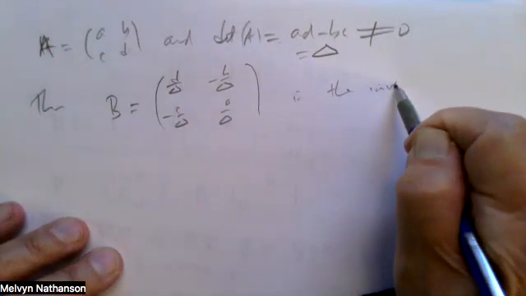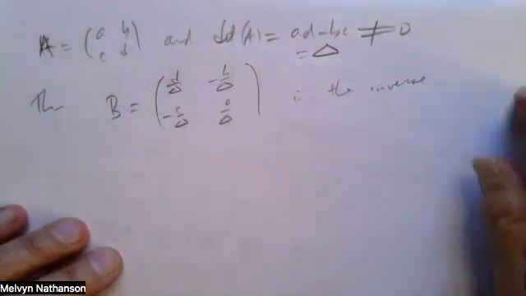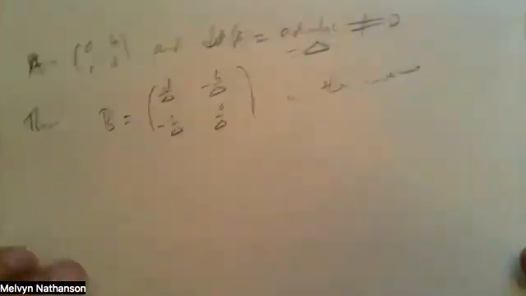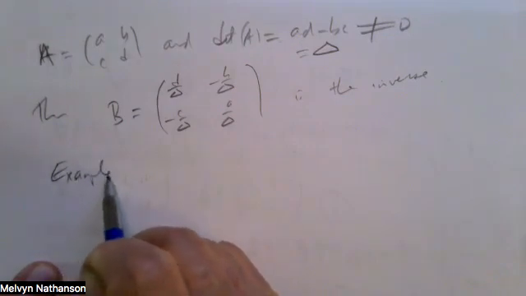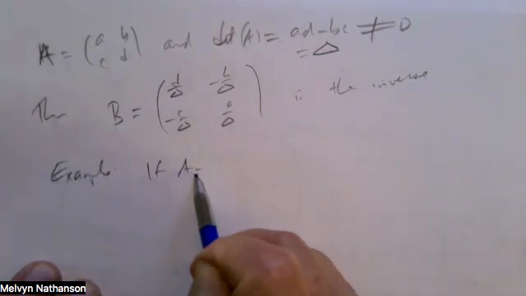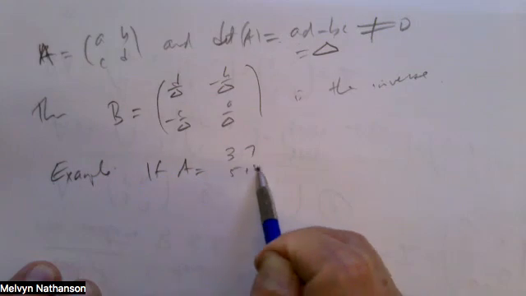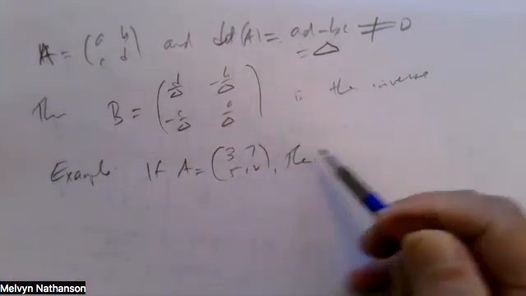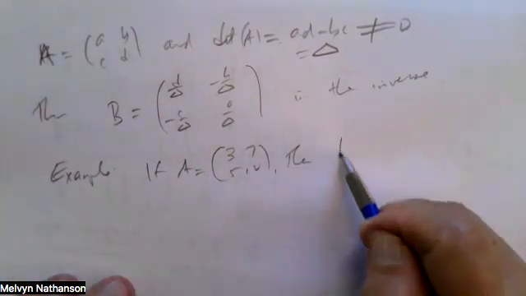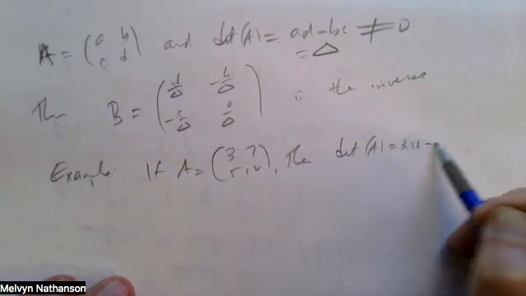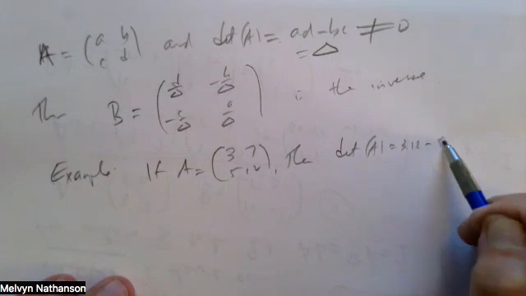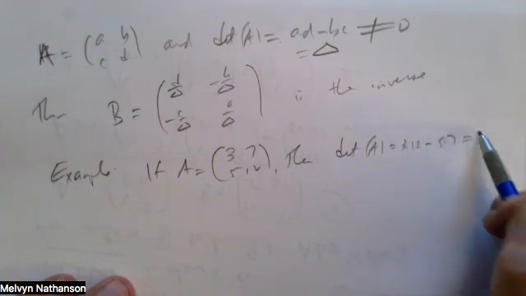And in the example I just looked at, 3, 7, 5, 12, the determinant is 3 times 12 minus 5 times 7. 36 minus 35 is 1.